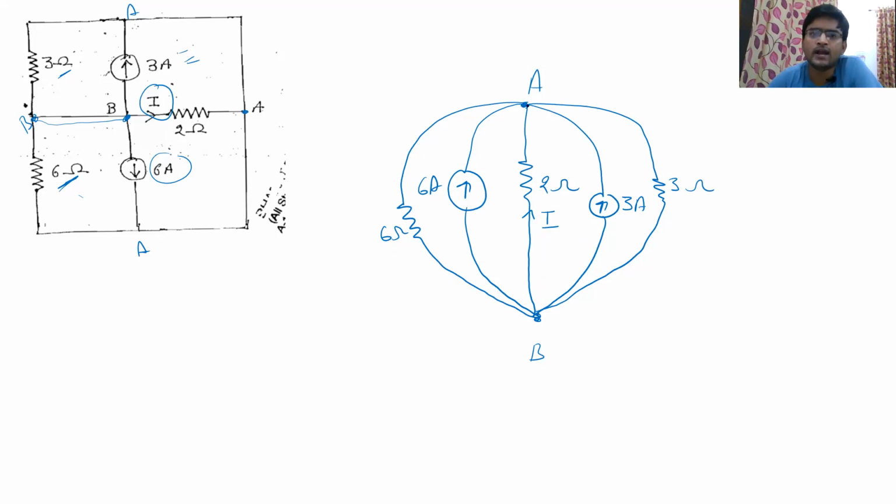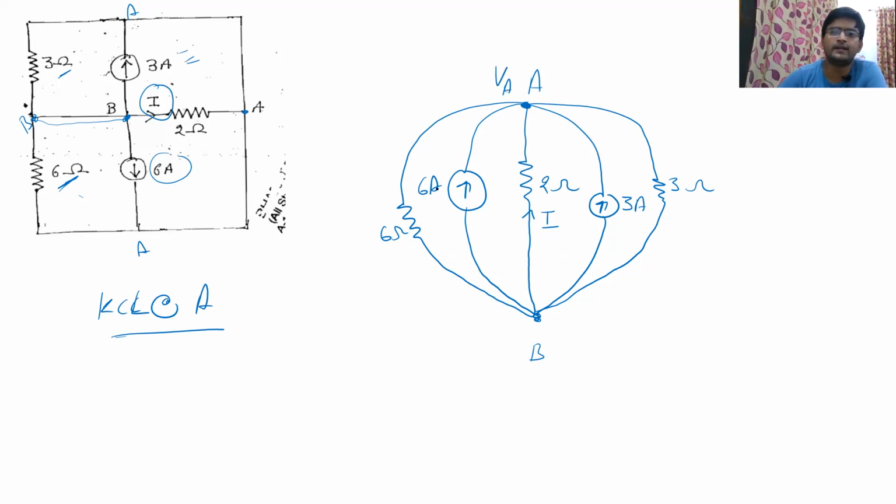And if we apply our KCL rule at node A, let us call this particular voltage VA.